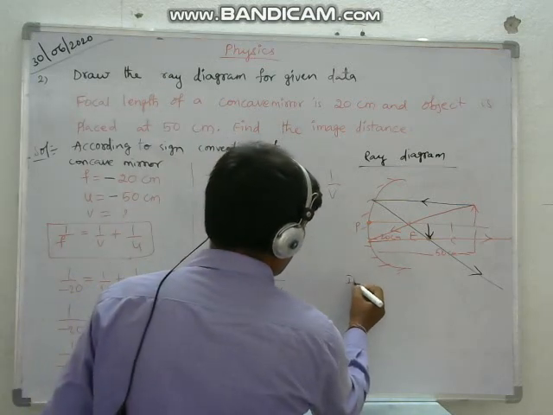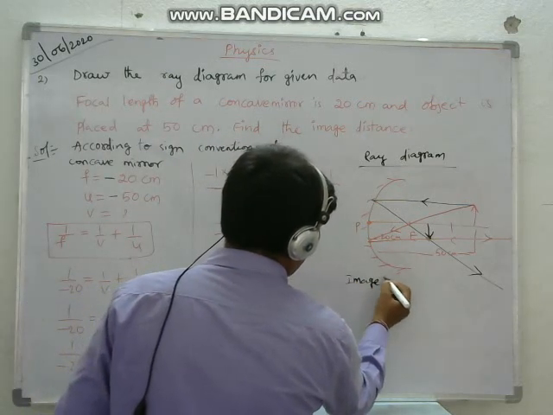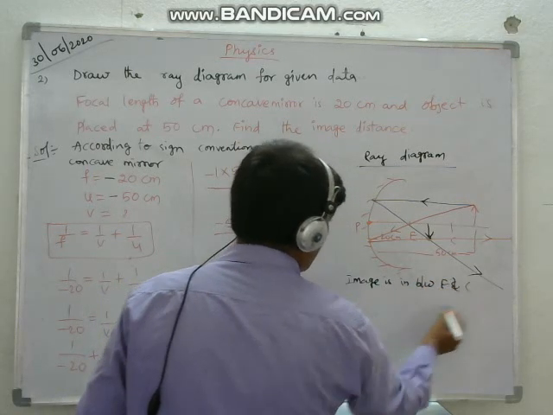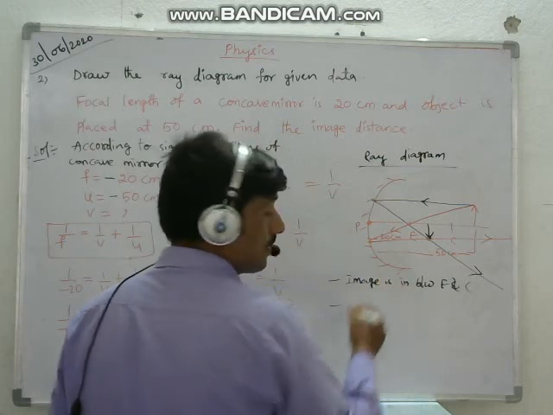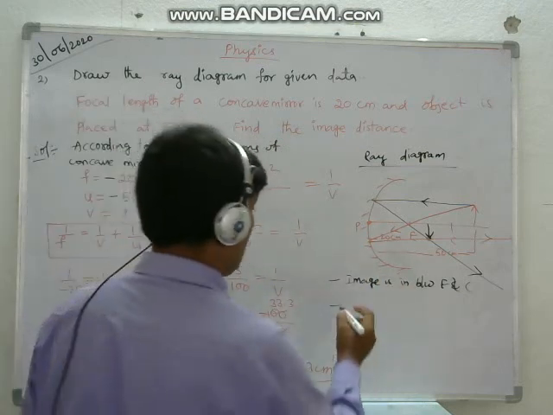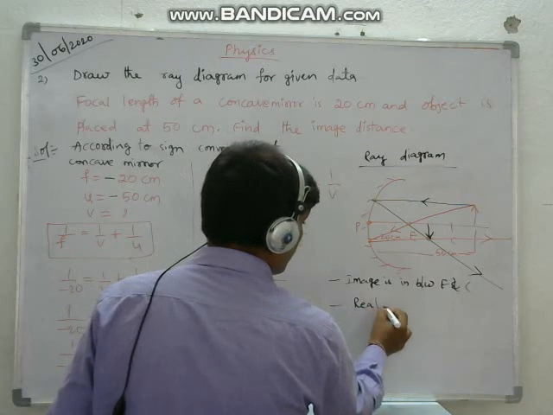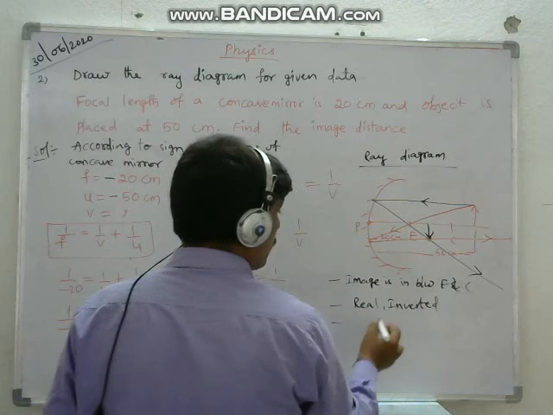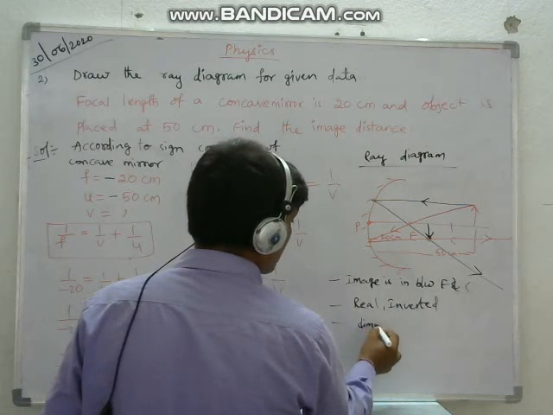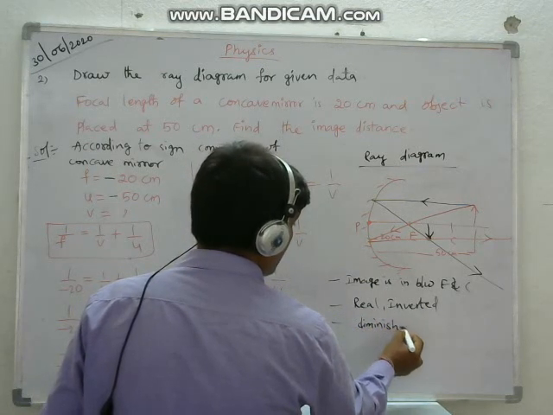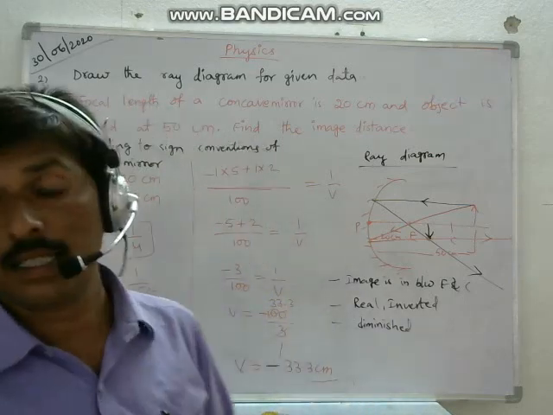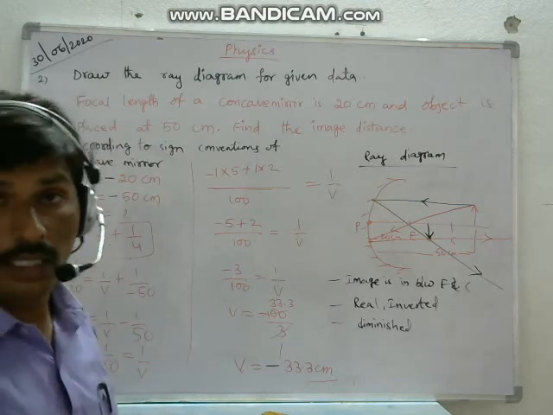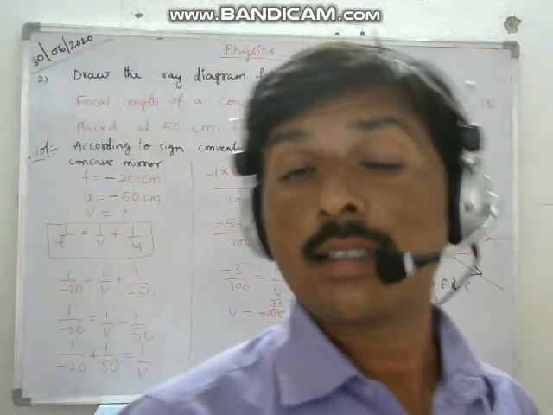The image is real, inverted, and diminished. Okay children, the image is in between F and C, real, inverted, and diminished.